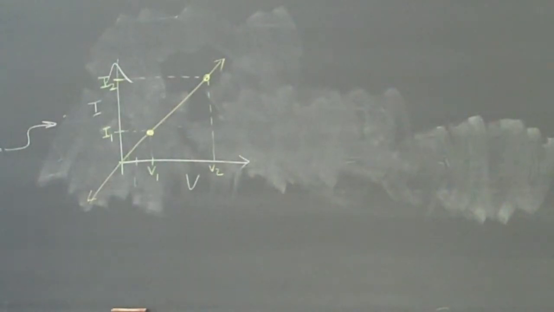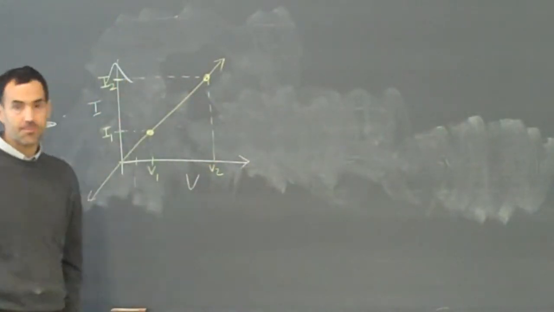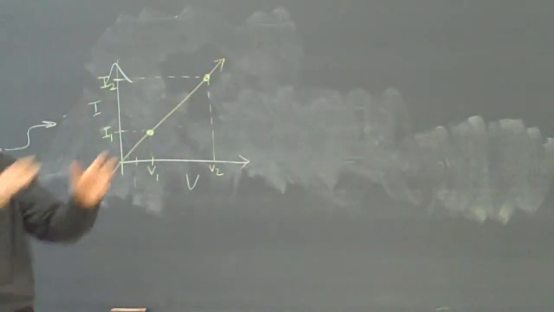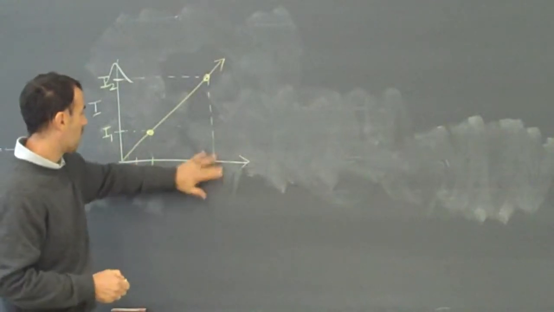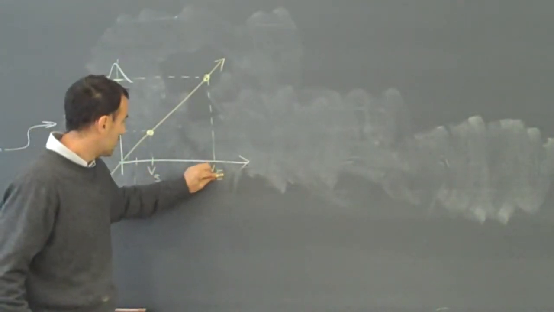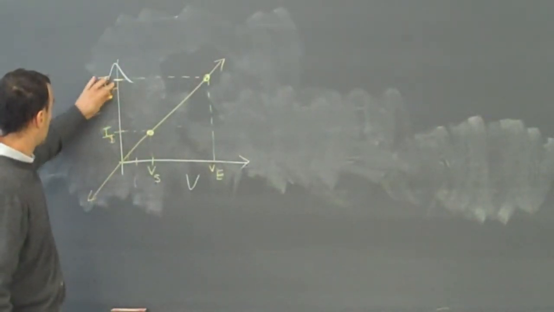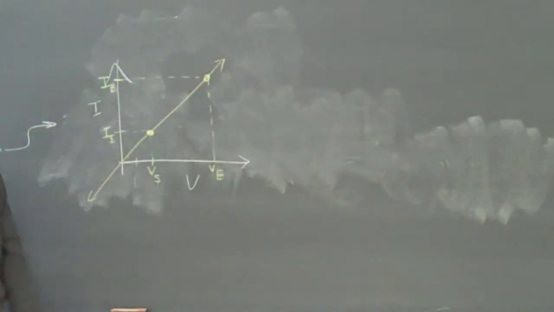The effect of applying a voltage V1 is to give a current I1. The effect of applying a voltage V2 is to give a current I2. That's like the effect of Sean, the effect of Edgardo. To keep the analogy going, I'll call them Sean and Edgardo. So there's the current due to Sean, the current due to Edgardo.